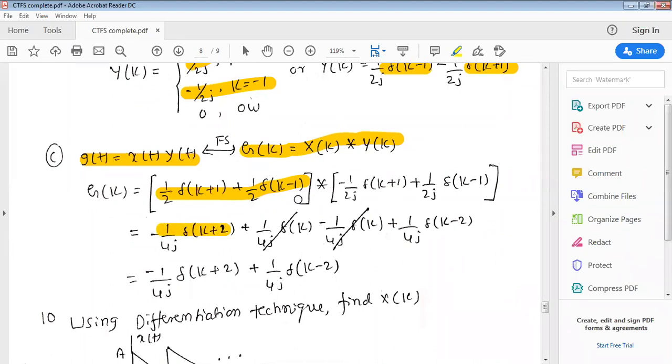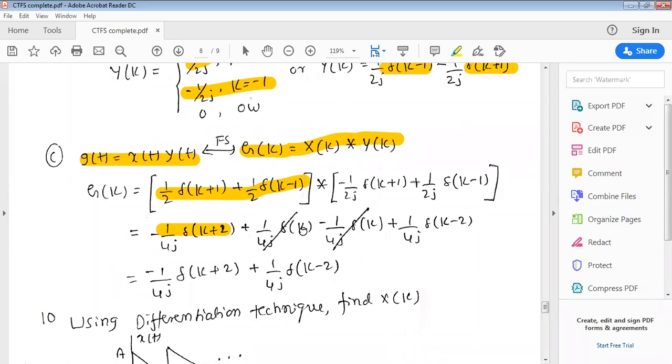Next term, 1 by 2 into 1 by 2j, 1 by 4j, delta of k plus 1, delta of k minus 1. So plus 1 minus 1 is 0, that will become delta of k. Did you follow? Multiply the amplitudes and add the delta of k terms. That's what I'm doing. Don't add k. K will remain unchanged. Other than k, you have to add the terms. Followed the first and second step?